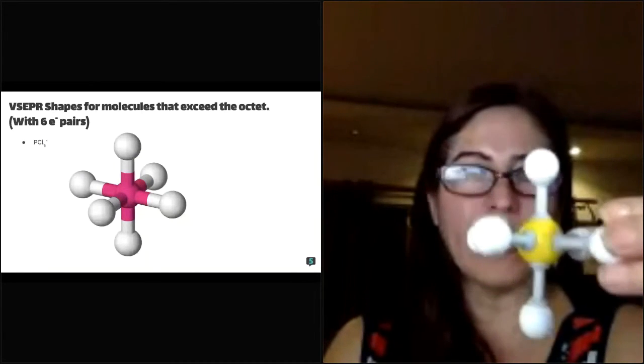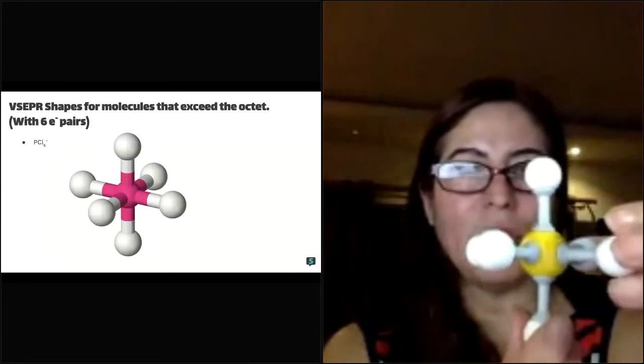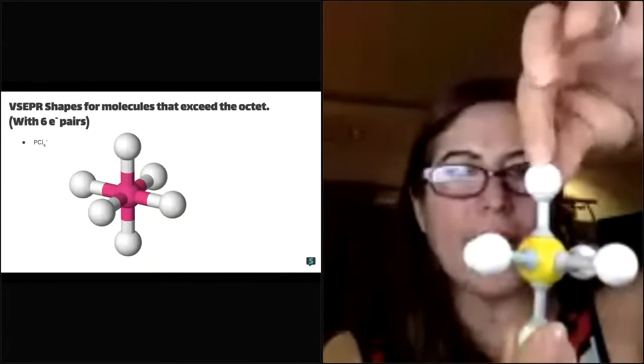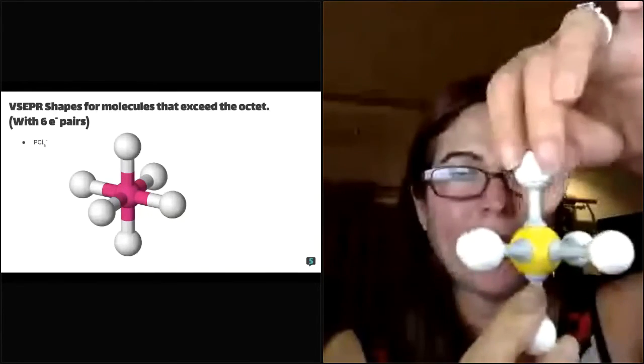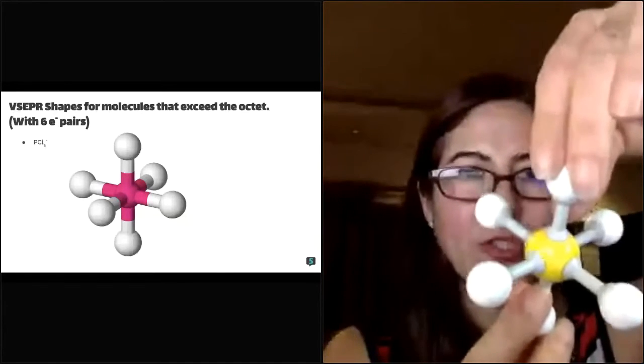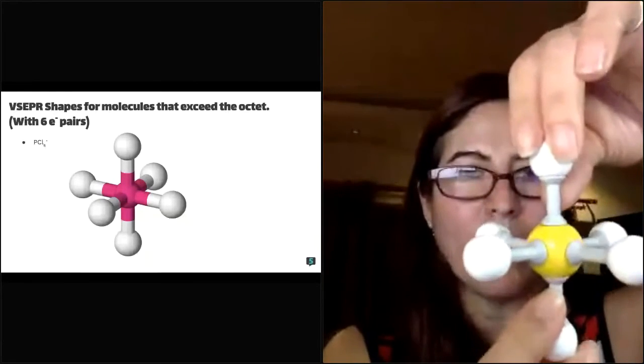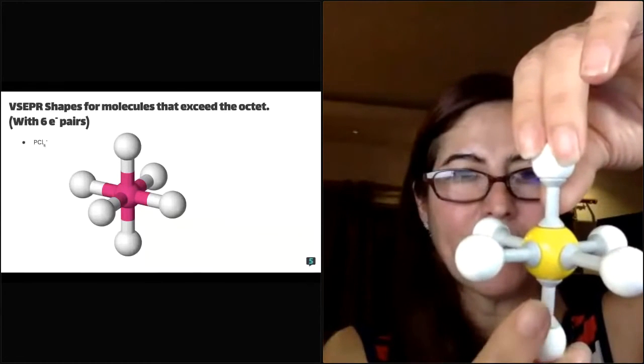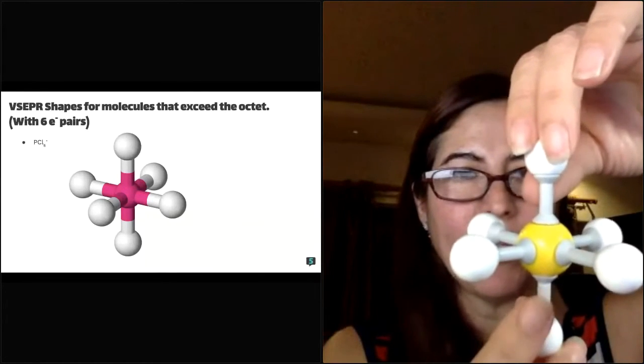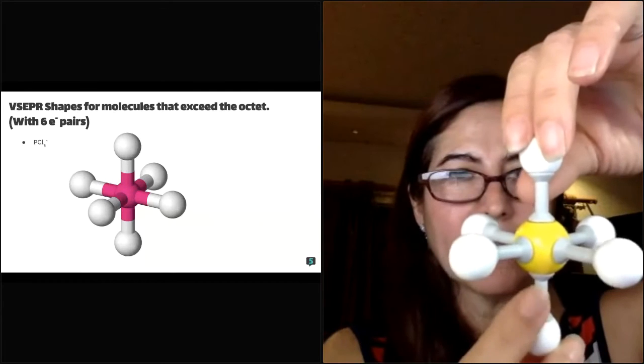So now, if we place it like this, I'm going to hold the atoms that are intended to be on the same line as the paper. I'm going to tilt it so that you can see now, same line as the paper. So these ones are going to be regular lines.